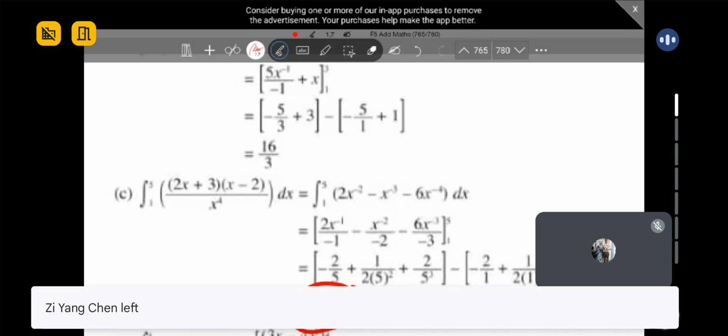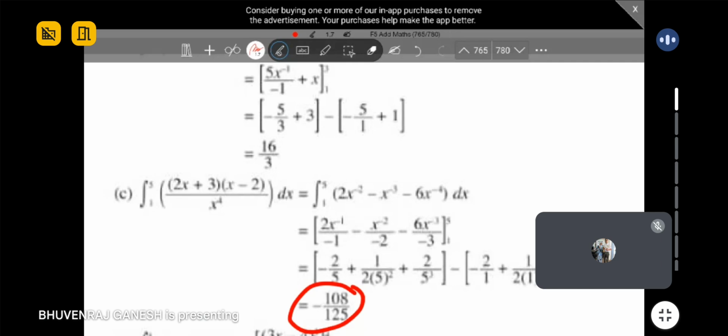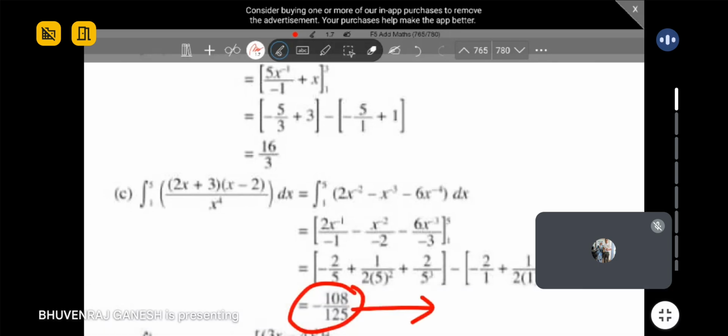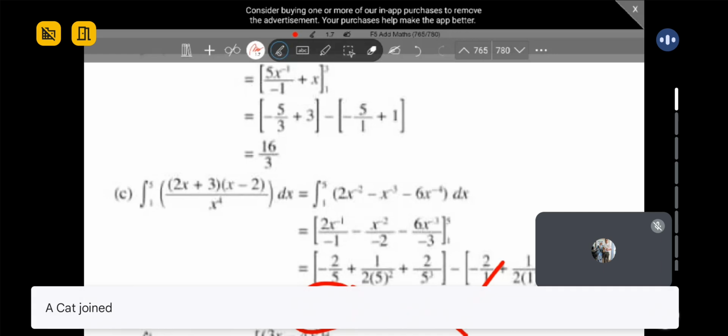Okay, so guys, can I ask you all one question? If I get a negative sign in this answer, is it correct? Correct, sir. Yes, very good. But now, I change the question. If this question asks for area, is my answer correct?